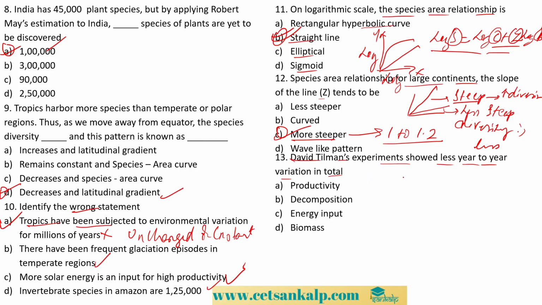Now what they say is that any ecosystem which is high in richness, what do we mean by high in richness? It means more biodiversity, that is, how species rich the ecosystem is.